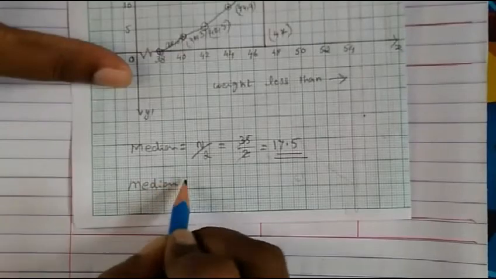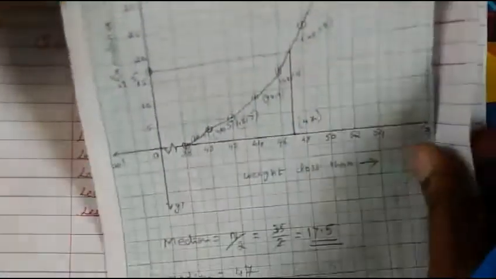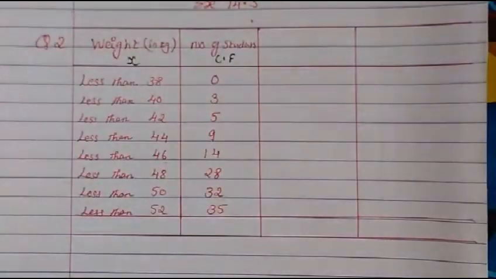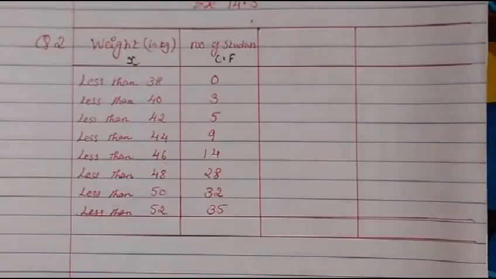So the median is 47. Now next step, what do we have to do? The next step is to find it from the formula, to verify the result by using the formula. So let's write down the formula.